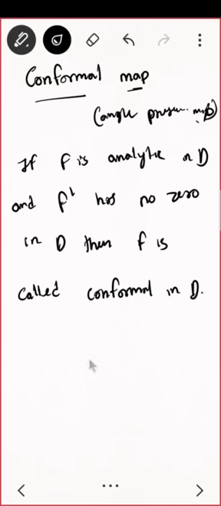This is just a definition. Anything else?